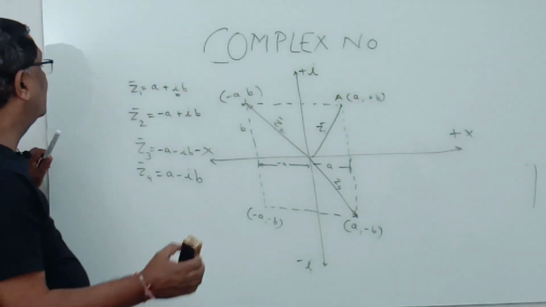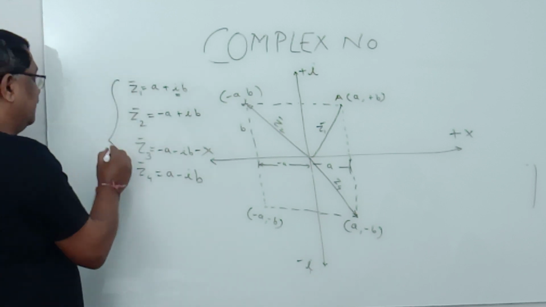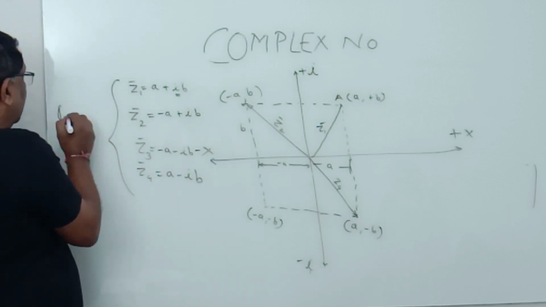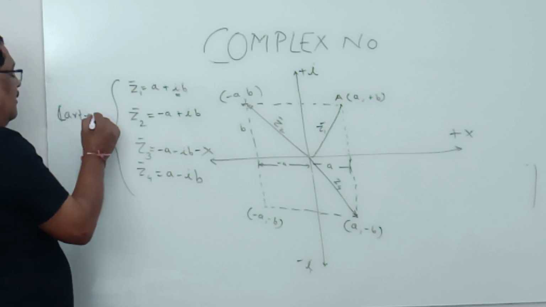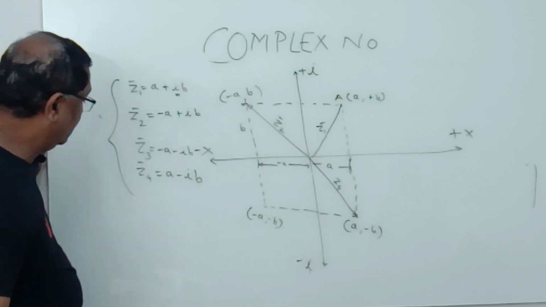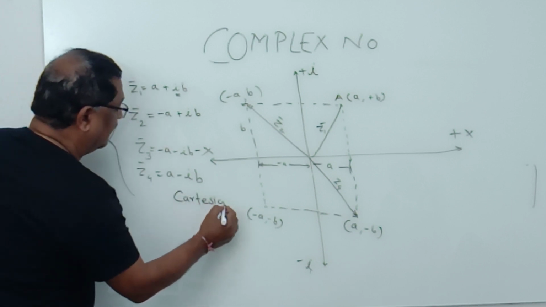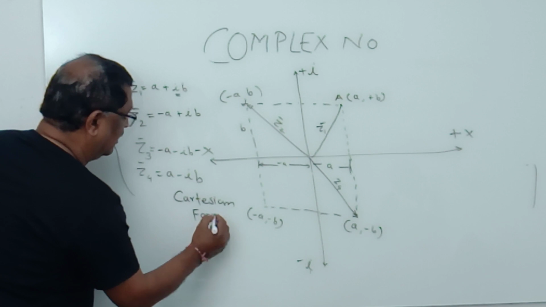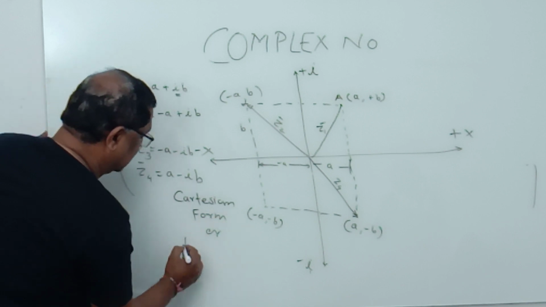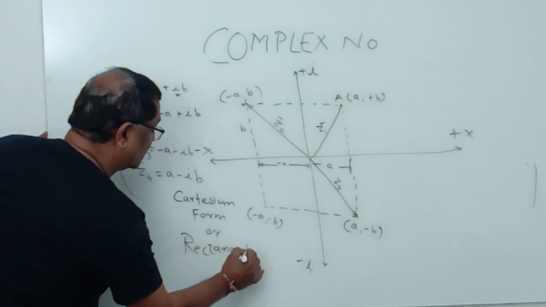So this is regarding the complex number, and this is also called the Cartesian coordinate form or Cartesian form, or it is also called the rectangular form, which has two parts.